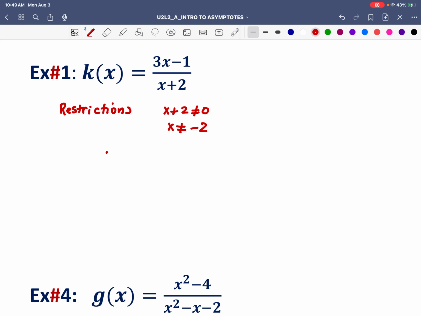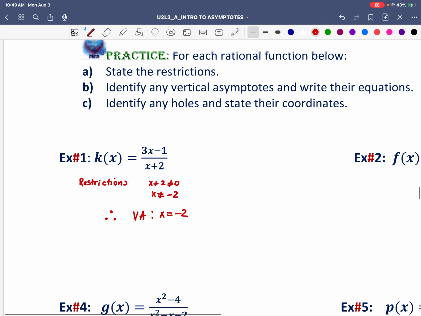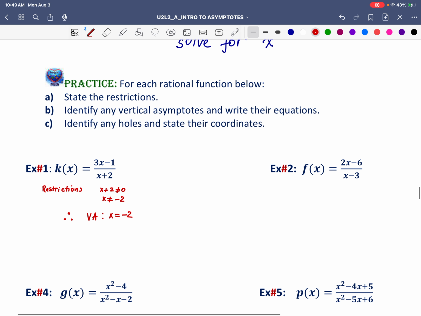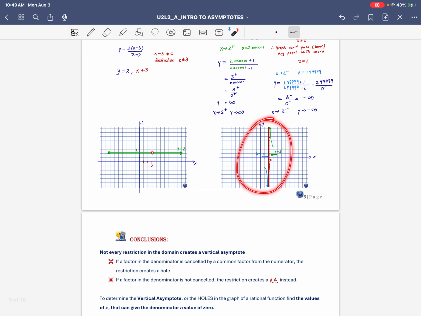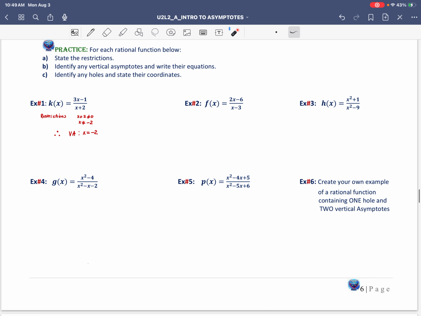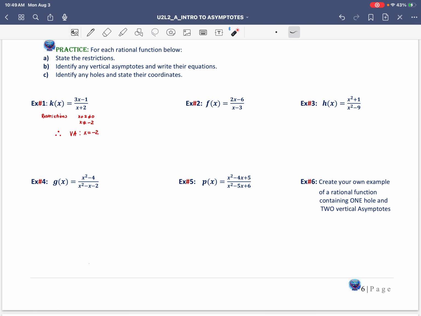So therefore, this function will have a vertical asymptote right at x equals negative 2. That's it, that's all. Now, we're not asked to determine the behavior or anything like we did in the previous example. That was done just for the purpose of understanding how they work, like what they do to the graph of a function.